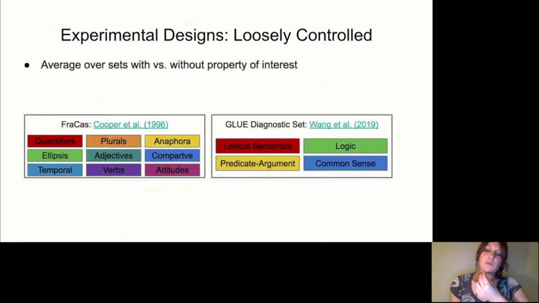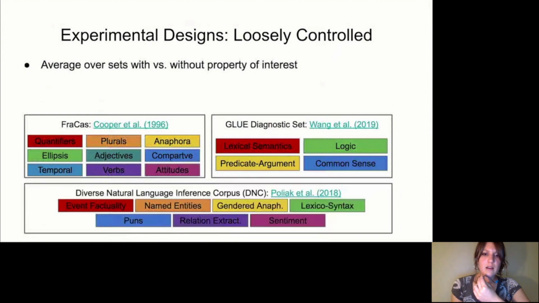So these kinds of challenge sets, there's been a lot of newer ones. Within the general GLUE data set, there's a diagnostic set that is broken down into 4 coarse-grained categories: lexical semantics, logic, predicate argument structure, and common sense. And then each of those is further broken down. So that provides some finer-grained analyses across different phenomena.